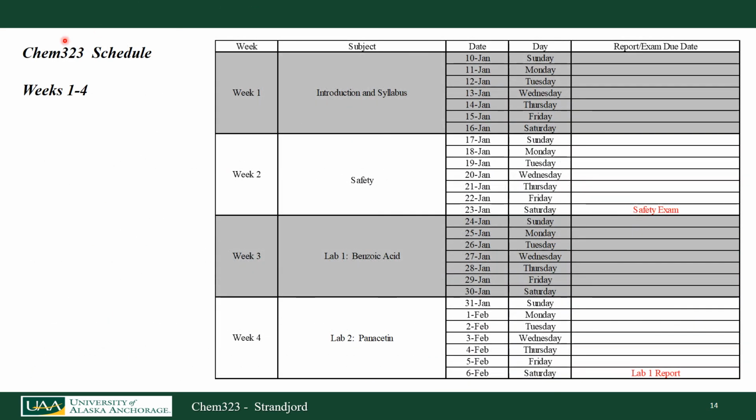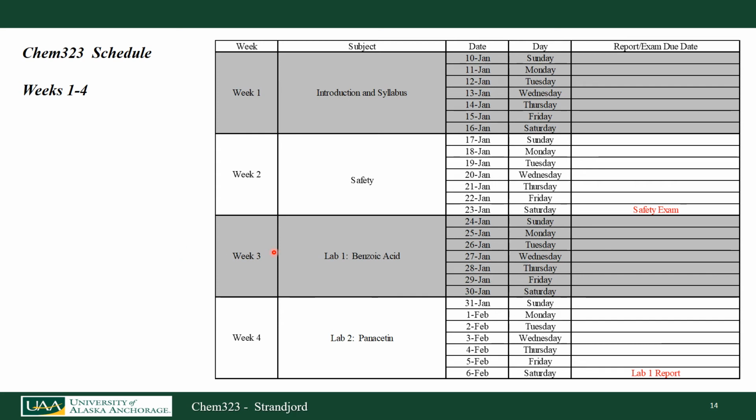So here is the Chem322 schedule for week 1. You're going to review the introduction and look at the syllabus material online. Week 2, we're going to do safety, followed by a safety quiz, which will be due Saturday evening at 11:59.